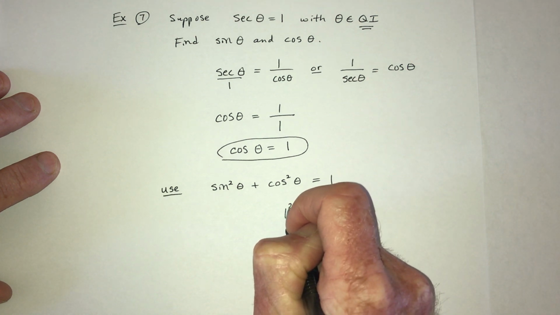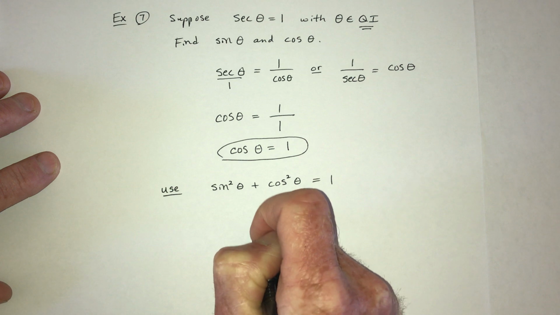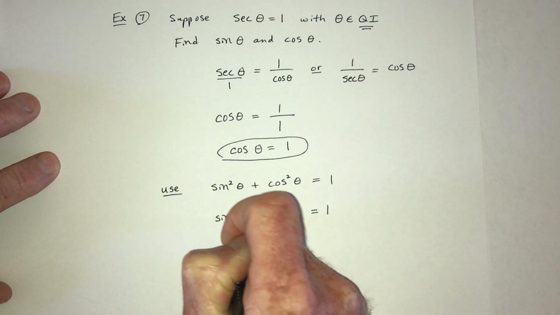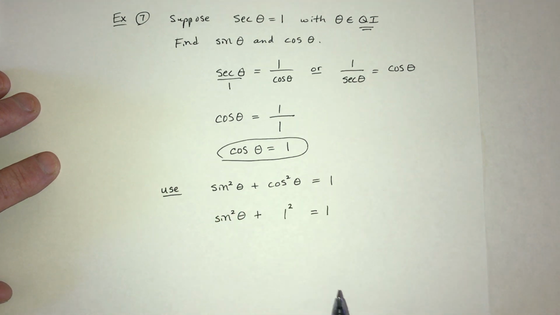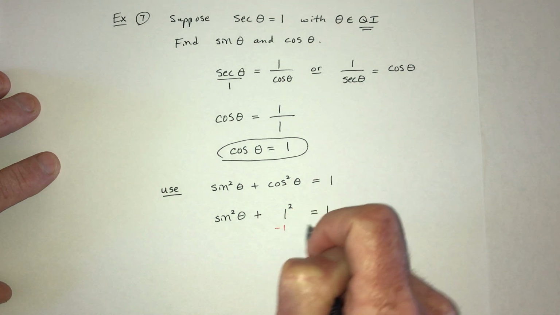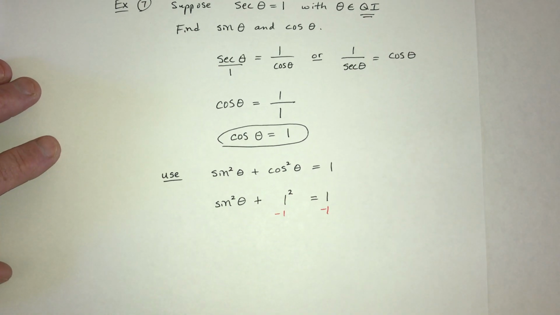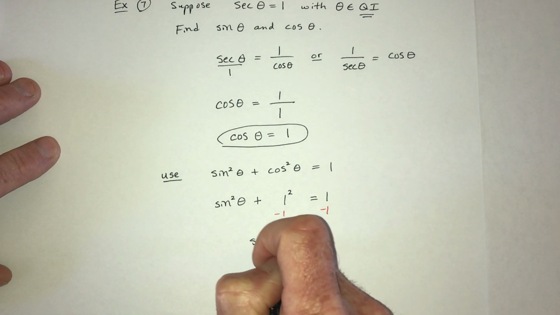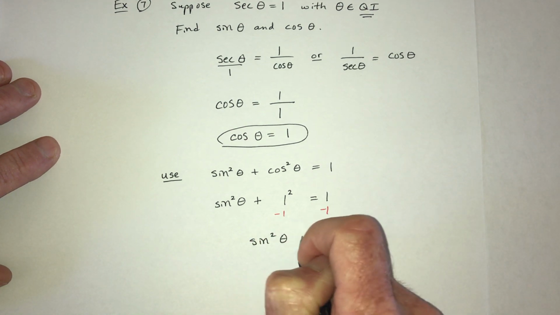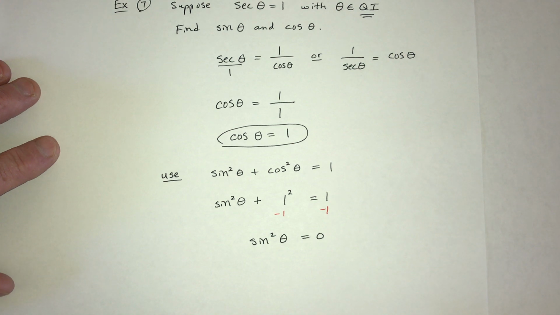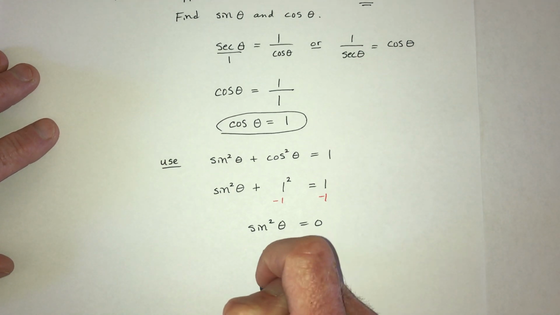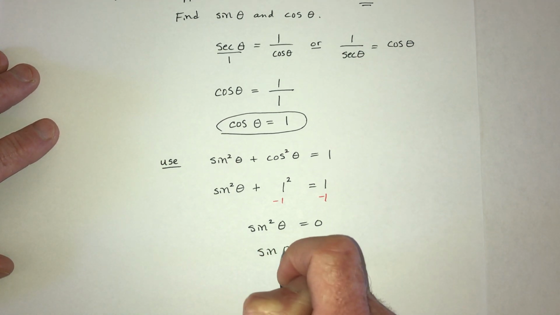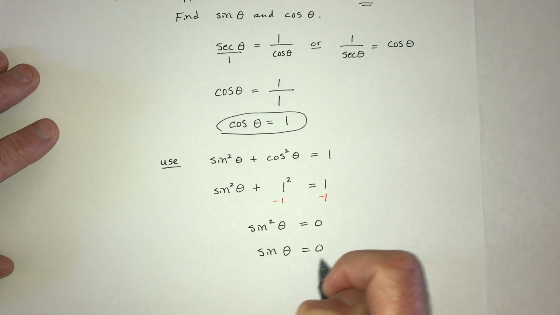So cosine is equal to 1, so that part becomes 1 squared. And 1 squared is just 1, so you could subtract 1 from both sides. It would then leave us with sine squared is equal to 0. And now just take the square root of both sides, and on the right side, the square root of 0 is 0.